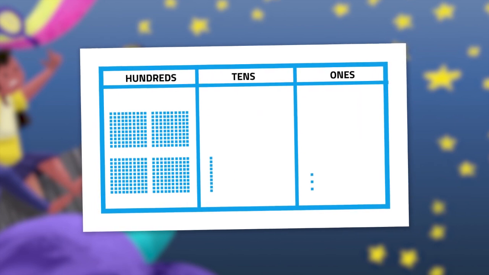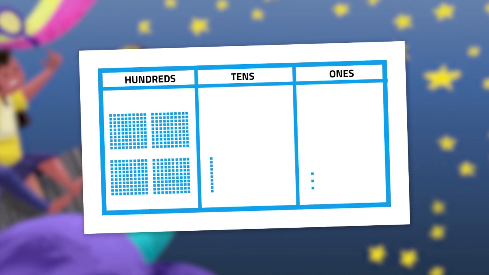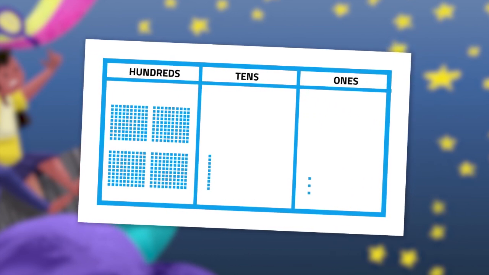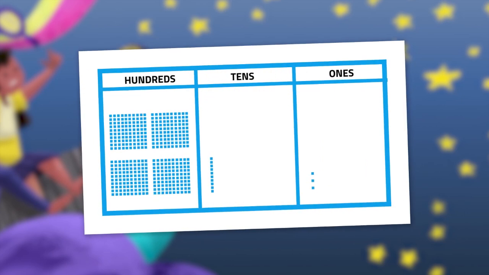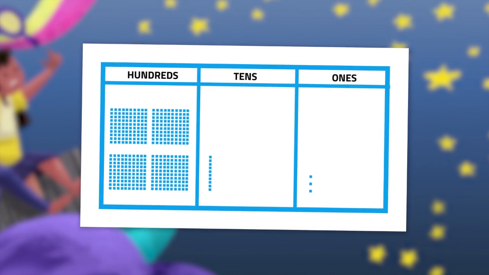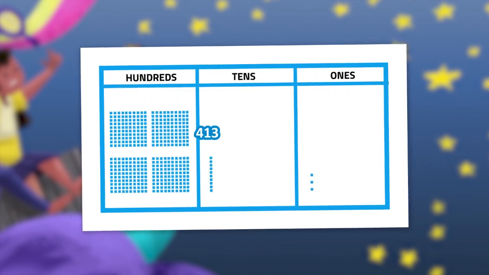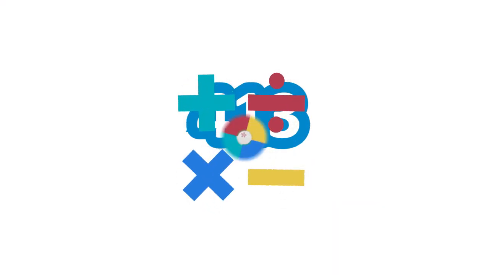So, our chart will now look like this. By looking at our place value chart now, the sum of 135 and 278 is 413. Simple, right? That was fun! Did you enjoy that? But wait kids, we're not yet done.